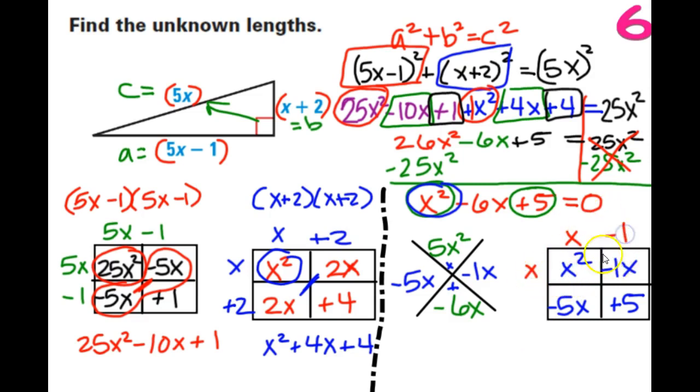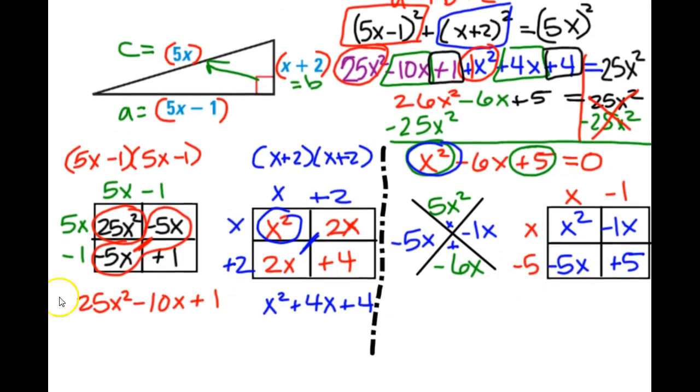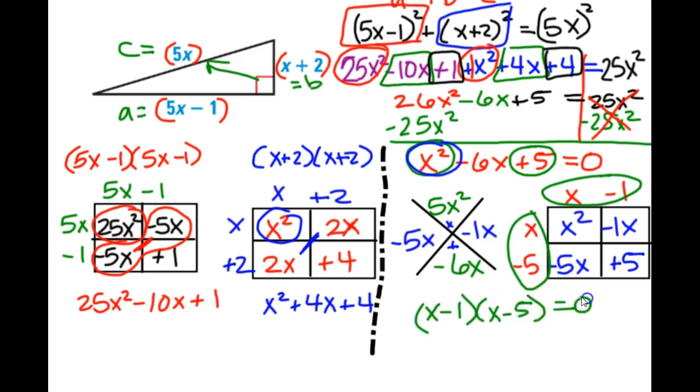Here, x times negative 1 is negative 1x. And same thing here, negative 5x. Our last box works. A negative times a negative makes a positive. So these are our two answers: x minus 1 and here x minus 5, all equal to 0 because it was equal to 0.